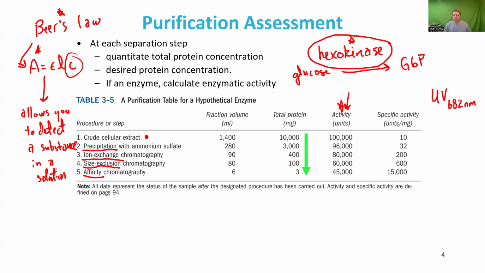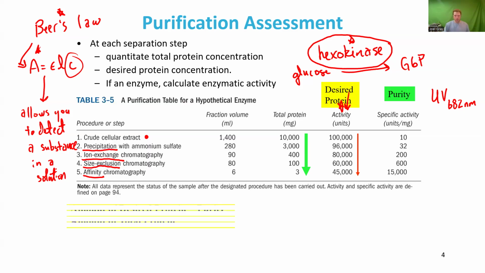But the most important takeaway is that you are doing a great job purifying an enzyme if your total protein goes down and your specific activity goes up. Specific activity is saying, how much of your enzyme is present compared to the total amount of protein?